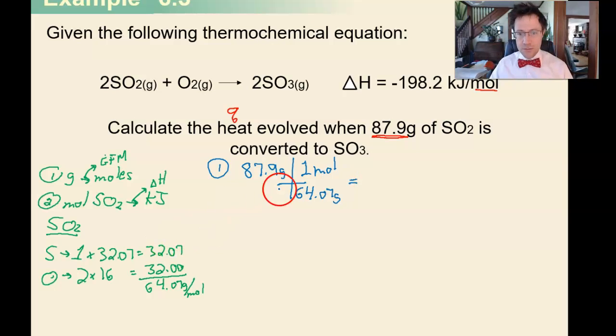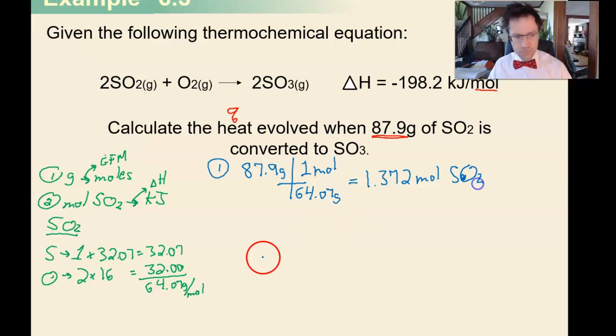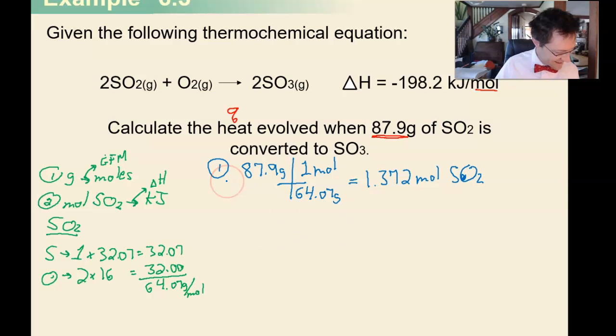All right, I'm getting just about 1.372. That's pretty bad. 1.372. Yeah, all right.